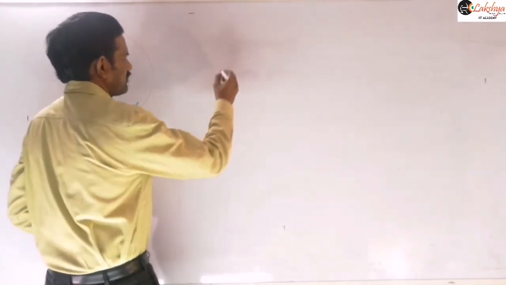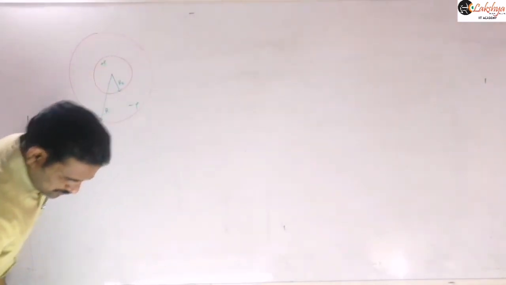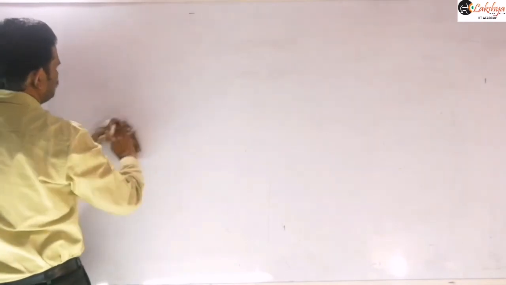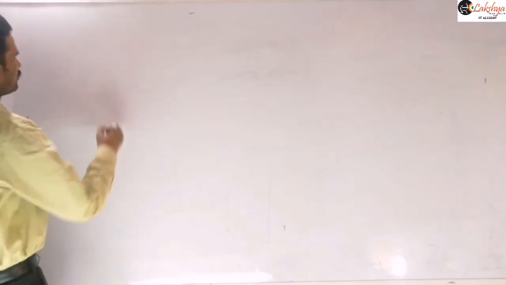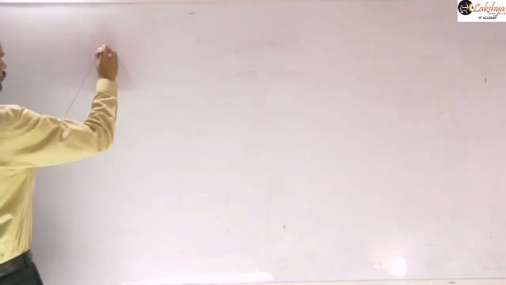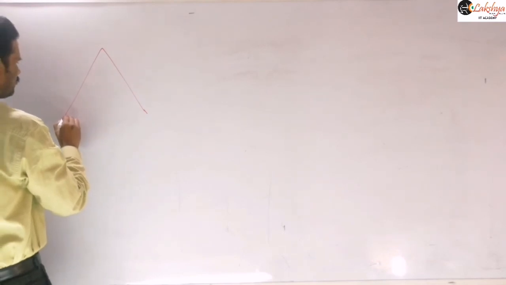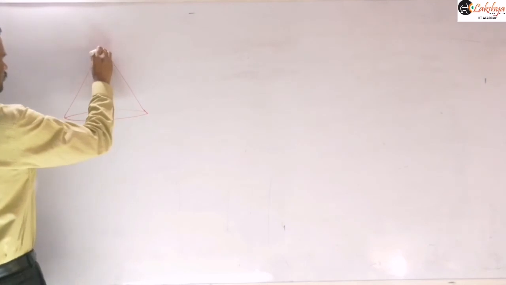So now let us see the magnetic moment of this cone. Magnetic moment of this cone calculation here. It's a cone of altitude h.